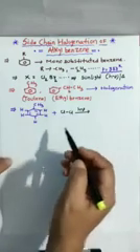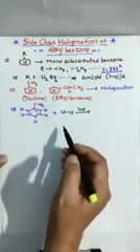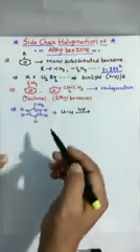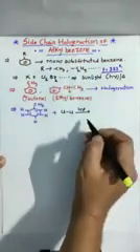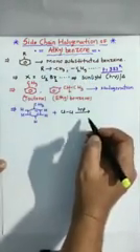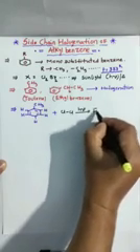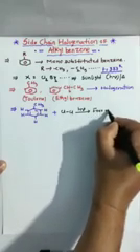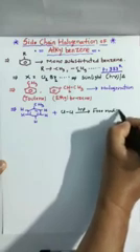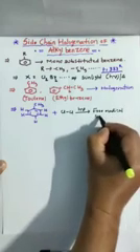Now, what type of reaction will take place? Side chain halogenation by free radical substitution. The product you get is by free radical substitution.